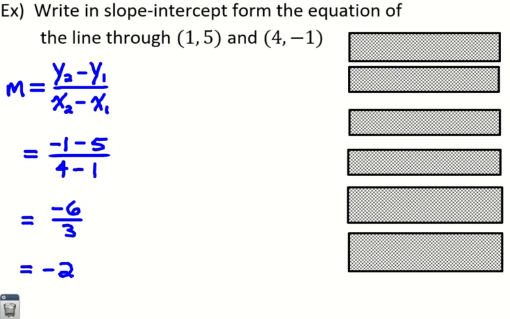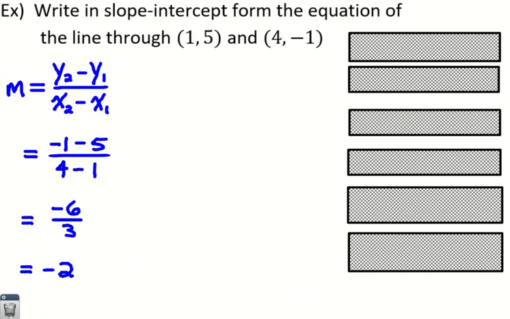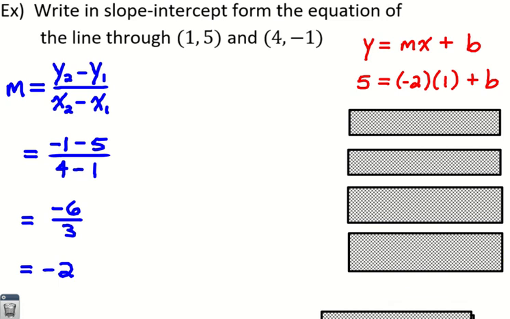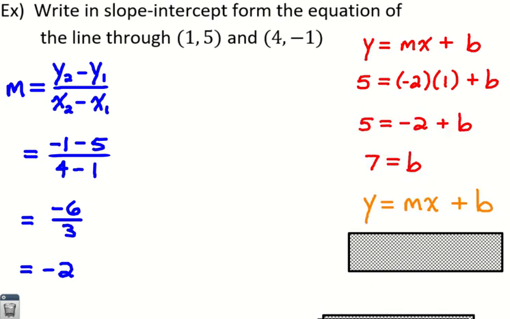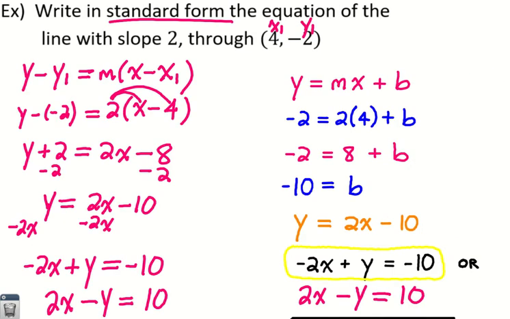And now, once we know what m is, this example is just like this example. They're the same. If you were going to use y equals mx plus b, which is this option, again, I'm not going to reteach everything. We just did the same thing on this example.